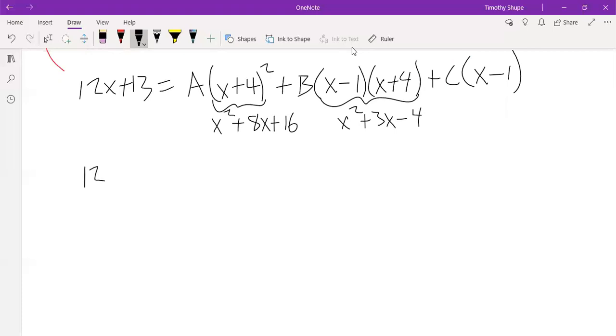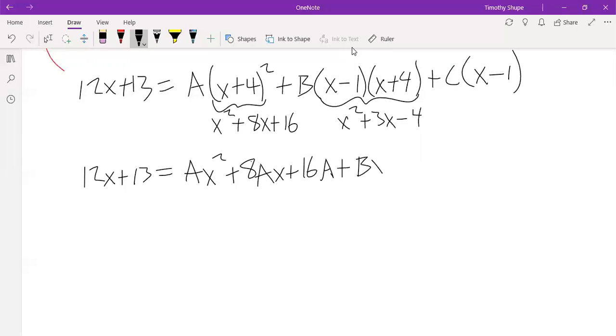So then I've got 12x plus 13 equals Ax squared plus 8Ax plus 16A, and then plus Bx squared plus 3Bx minus 4B, and then finally plus Cx minus C.